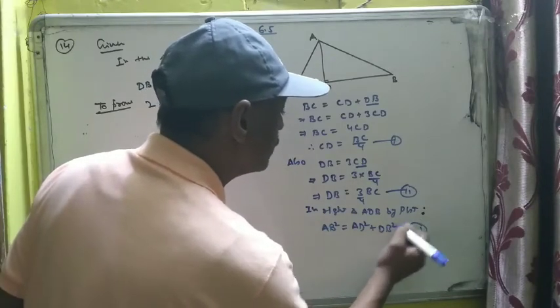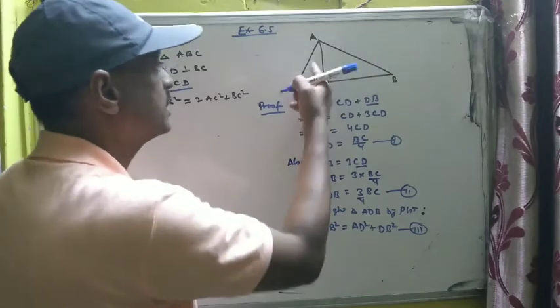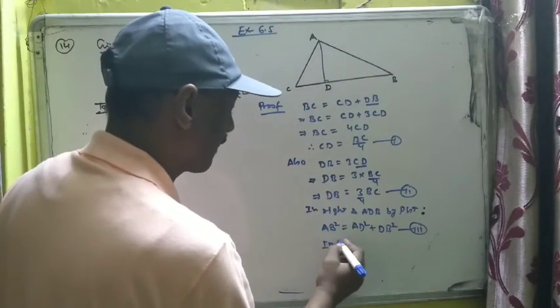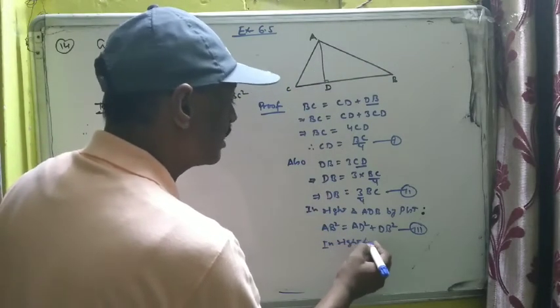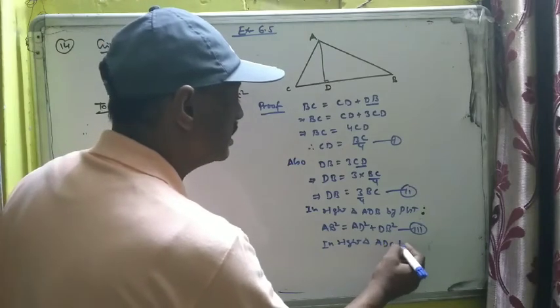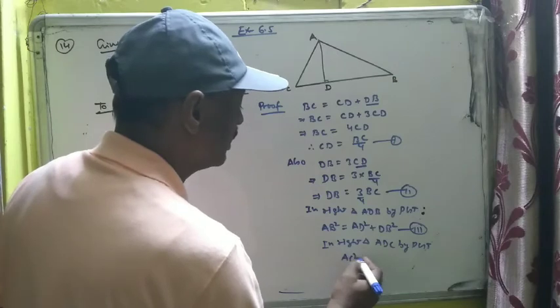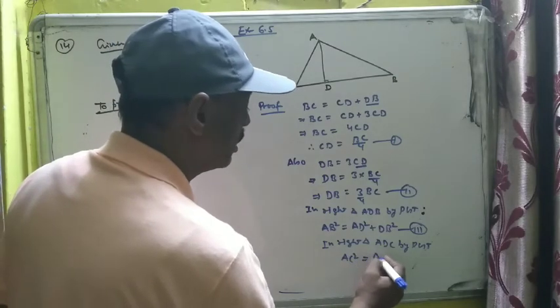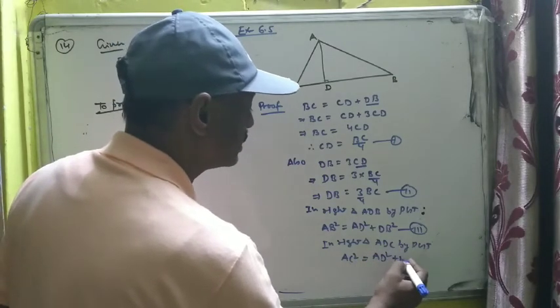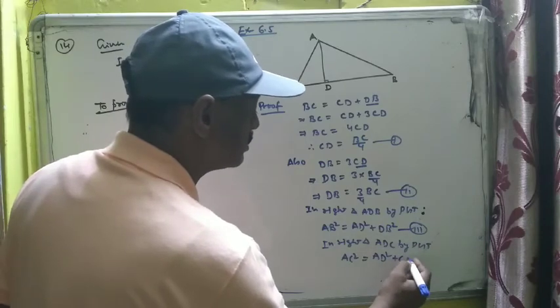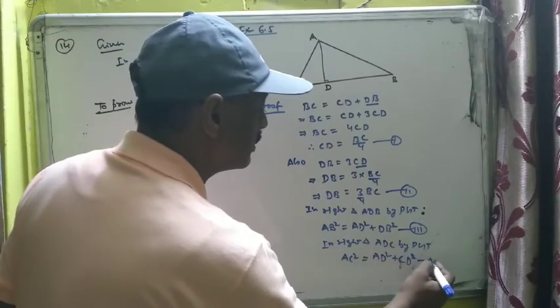This is equation number 3. And in right triangle ADC, by Pythagoras theorem, we can write AC square equal AD square plus CD square. This is equation number 4.